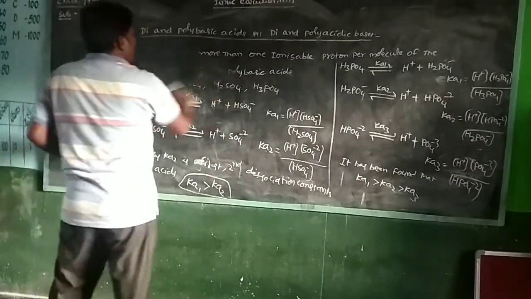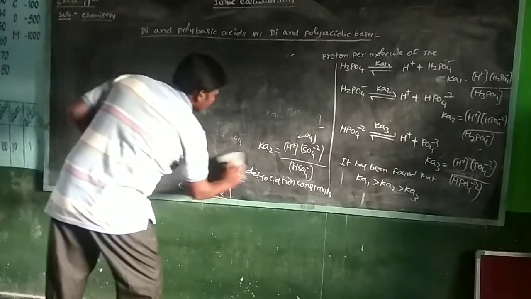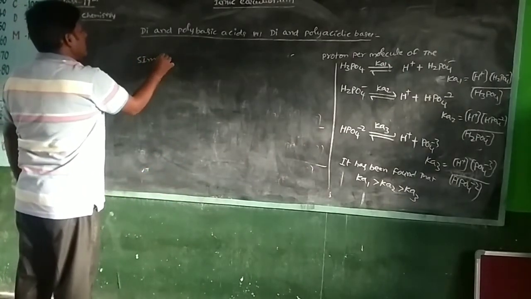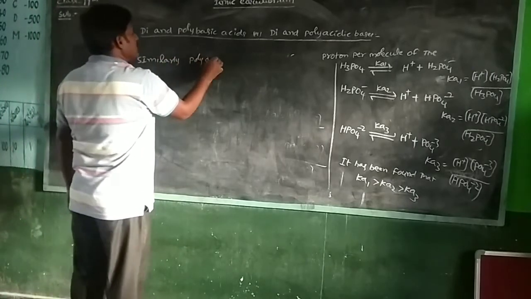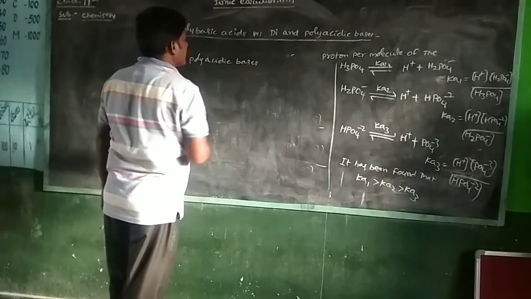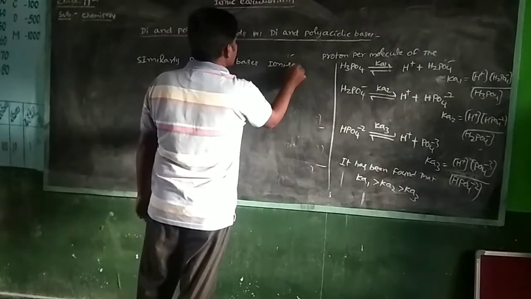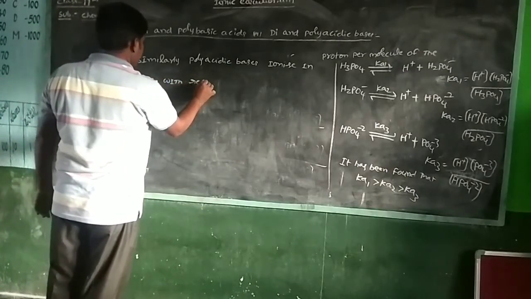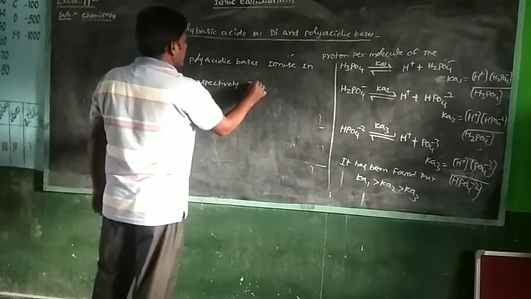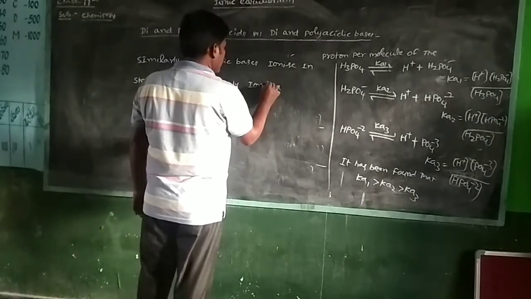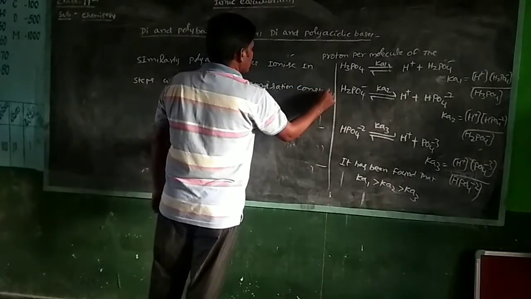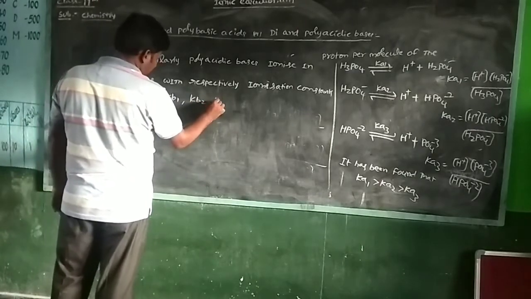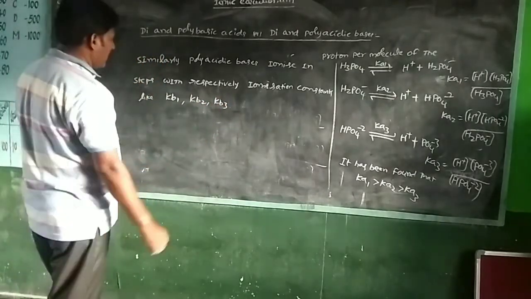Another one: polyacidic bases. Similarly, polyacidic bases ionize in steps with respective ionization constants, like Kb1, Kb2, Kb3.